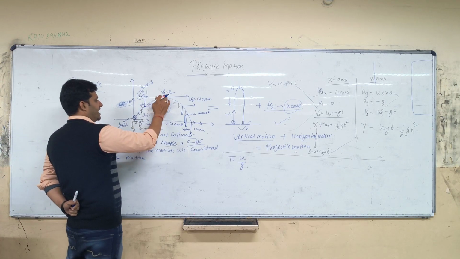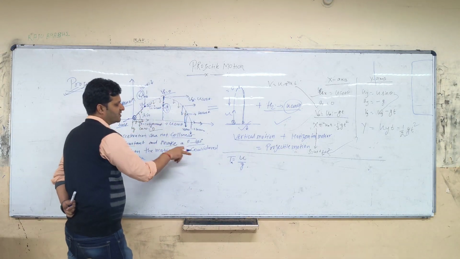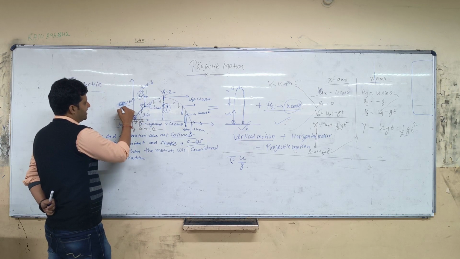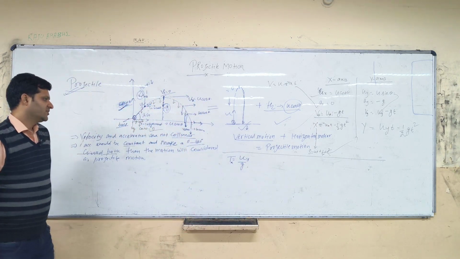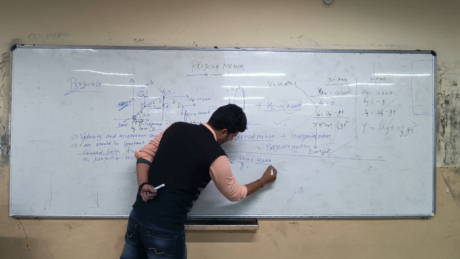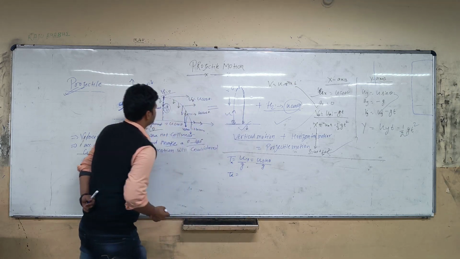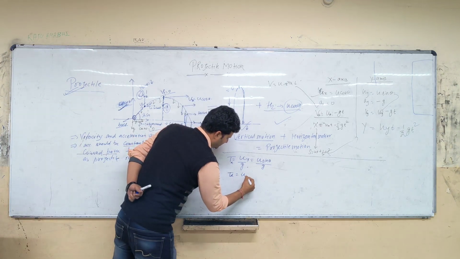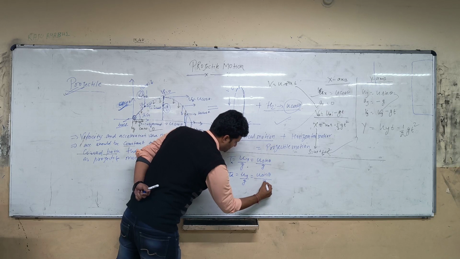Time of ascent, if you calculate it for projectile motion, who is responsible for calculating the time value? You will find u. What is u? That is the vertical component, uy, that is responsible for calculating the time of ascent, and it becomes u sin theta upon g. In the same manner, time of descent, that is the time from here to here, again becomes u sin theta upon g.